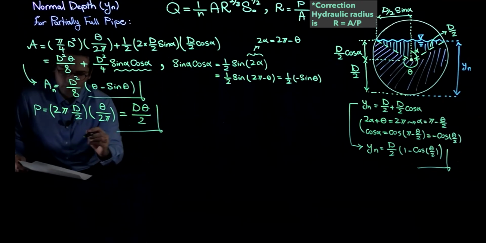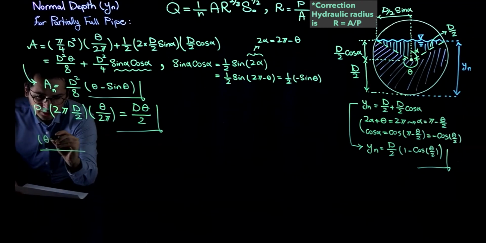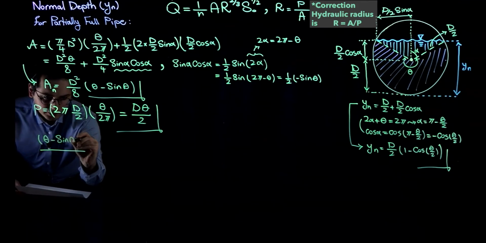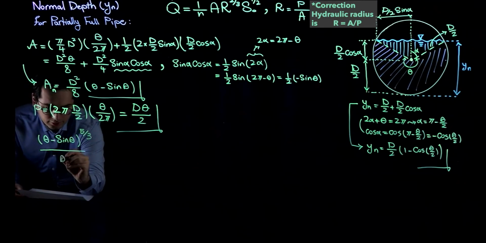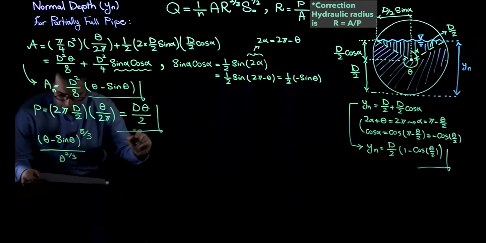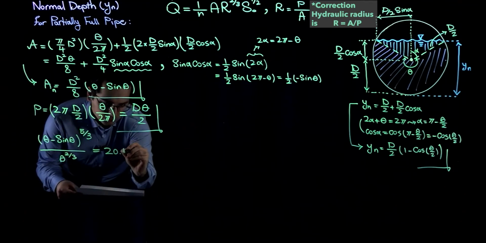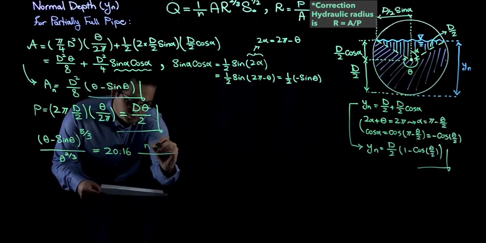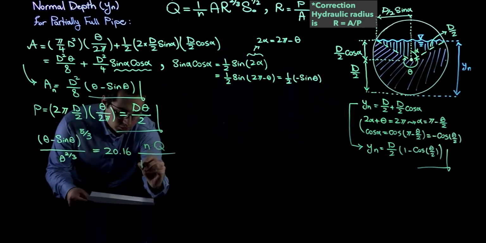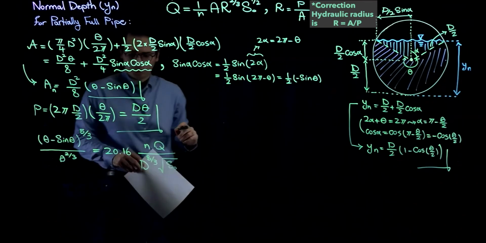The finalized equation is in this term: theta minus sine of theta to the power of 5 over 3, divided by theta to the power 2 over 3, is equal to 20.16 times Manning roughness, Q, diameter to the power 8 divided by 3, and slope to the power 1 over 2.